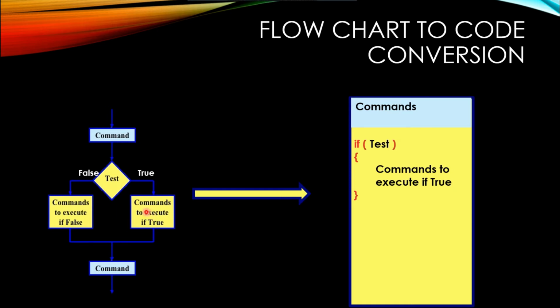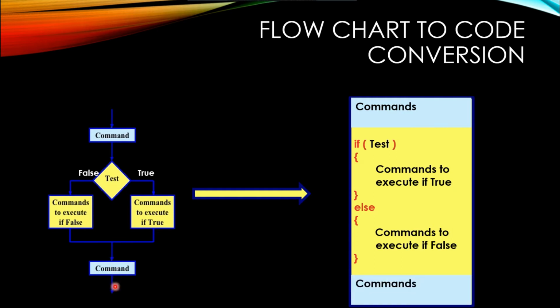Furthermore, when this condition is not true, we go to false. So if this condition is not true, then another block of code is executed, which we call the else block. So we write else, we open our block of code, and then we come to this section where we have commands to execute if false. Then we close the curly braces. Finally, when we finish executing the entire setup, we get back here. The flow of the construct gets back to the command.